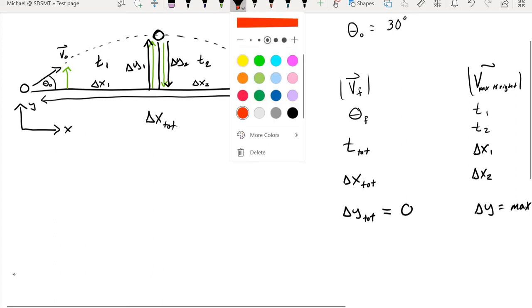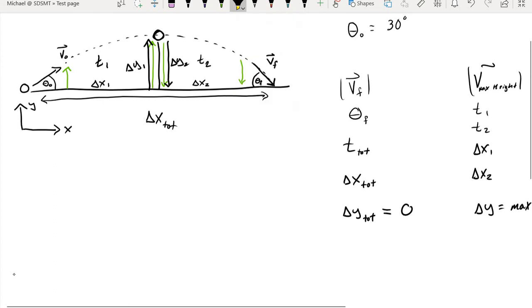And what I mean by that is right here there is some initial information about what is happening in the problem. We have x and y components of the initial velocity vector that we could solve for and then use in a kinematic equation.